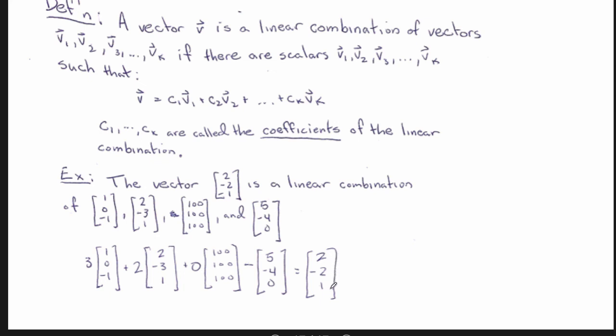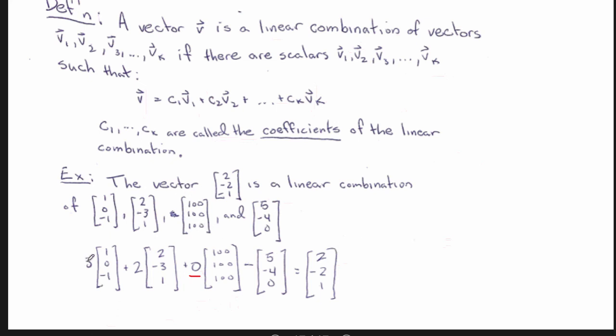A couple of things to note here. First, I put this in just to emphasize the fact that 0 is a perfectly valid scalar. As we start talking about linear dependence and independence, sometimes you feel like you have to use every single vector to create a linear combination. But 0 times this vector, so the result is still a linear combination of these; I just don't need to use that one.